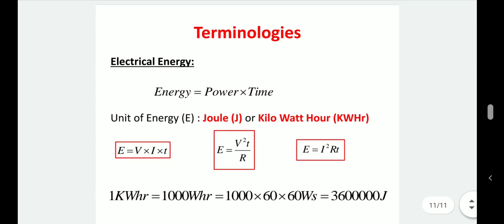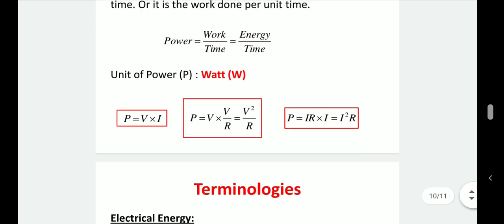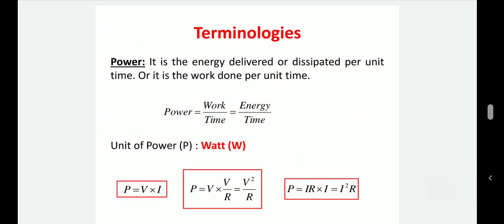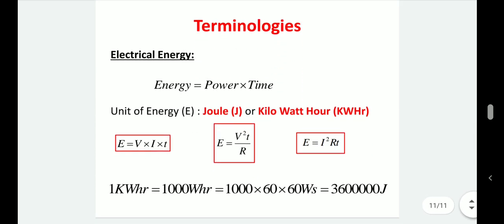And the last term is electrical energy. We have already told power is equal to energy by time. So energy becomes equal to power into time. Unit of energy is joules.